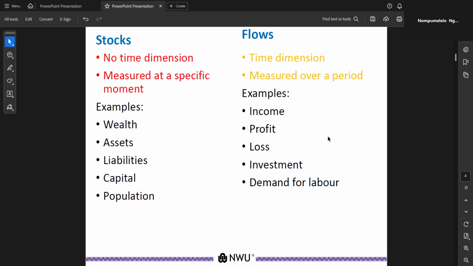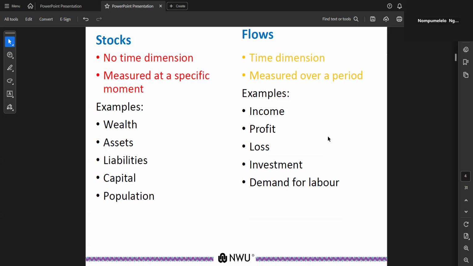Income, like when you receive your salary, is a flow because you get money, you use it, you save it, and then you get another salary. It keeps happening, keeps going. But for stocks, for instance your assets or your wealth, you can't keep buying assets now and now and now.